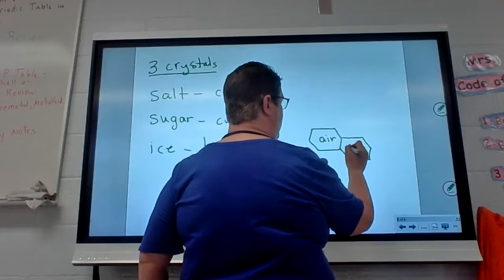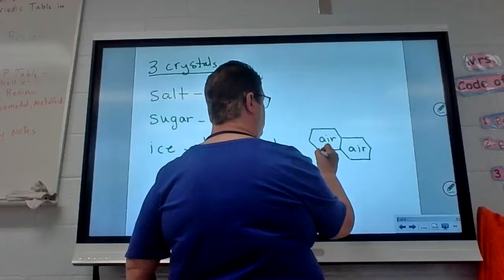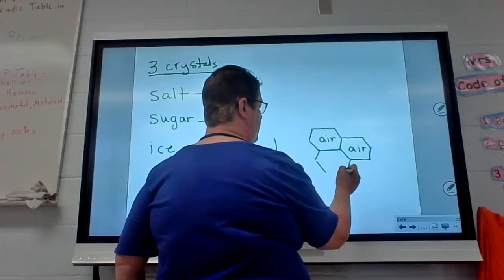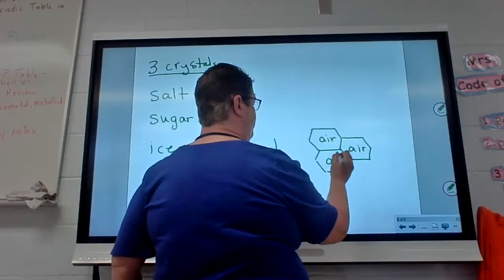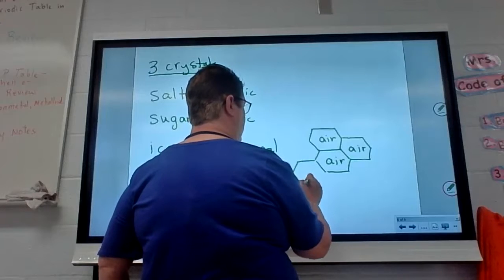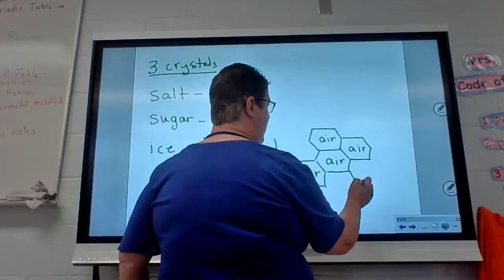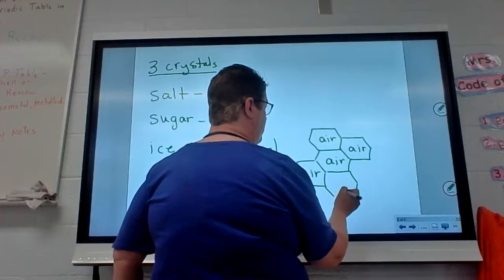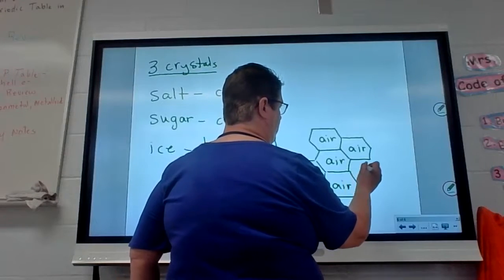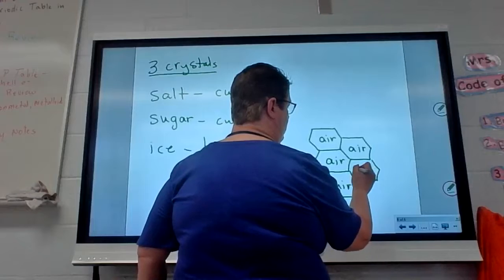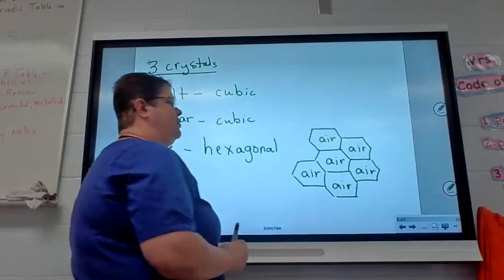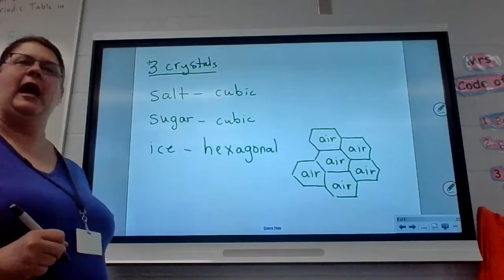So every time it makes a crystal, air is trapped. So if every time it freezes and traps air in the center, okay, what does that do to the volume of the ice?